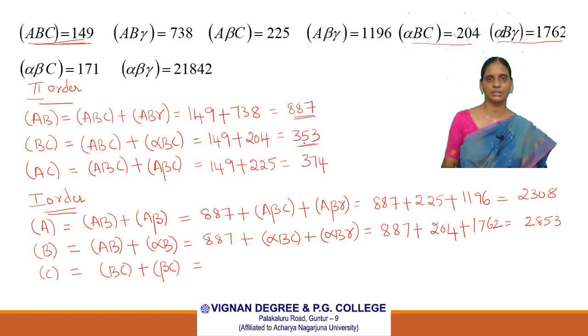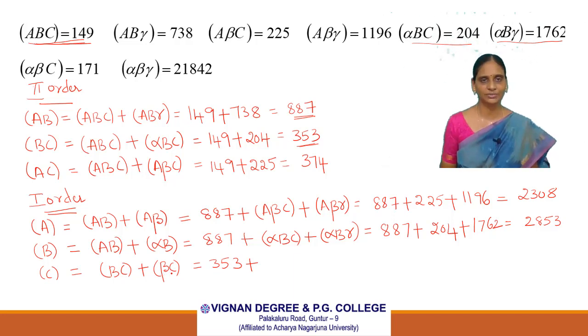Frequency of BC value is 353 plus frequency of beta C. So this is the second order class frequency.